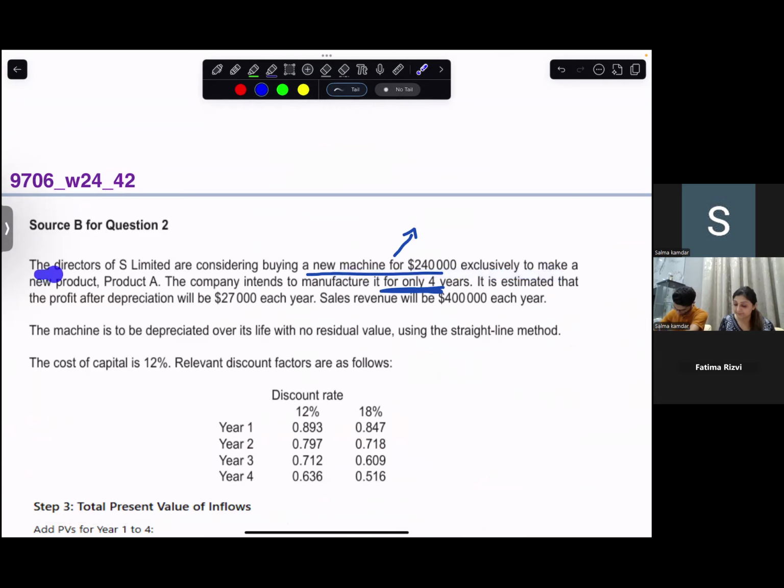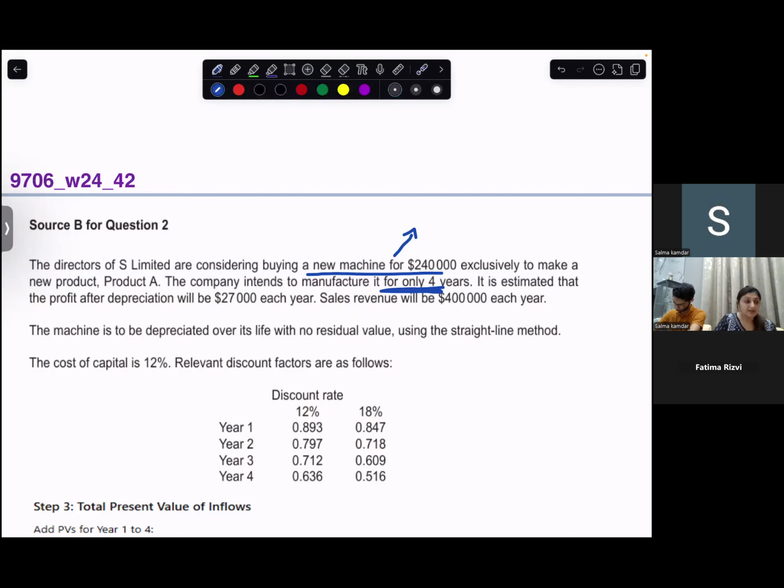Read. The company intends to manufacture for 4 years. It is estimated that the profit after depreciation will be $27,000 each year, and the sales revenue will be $400,000 each year.